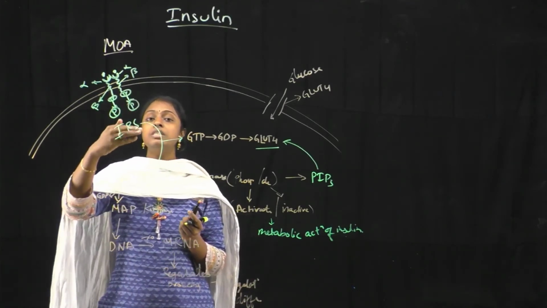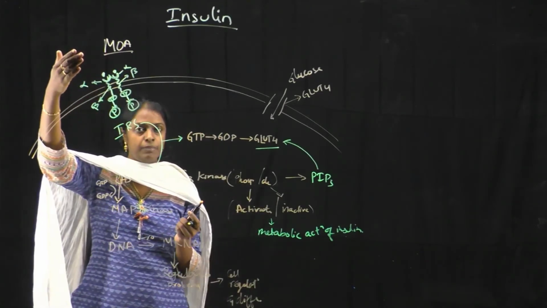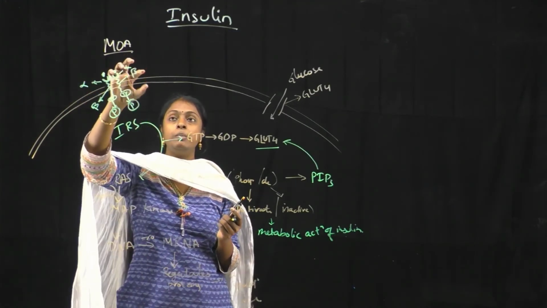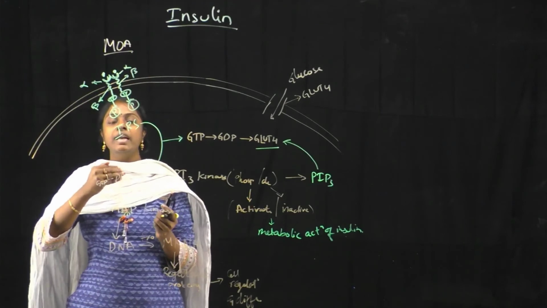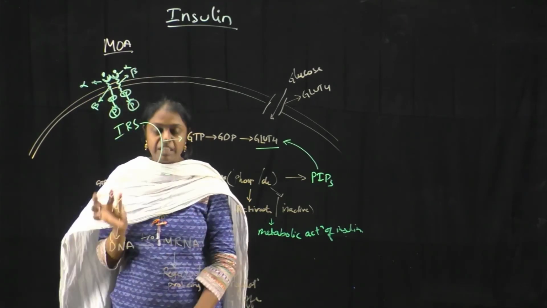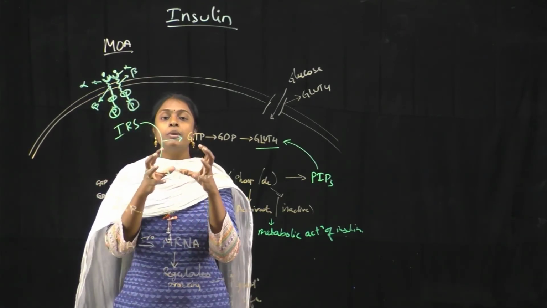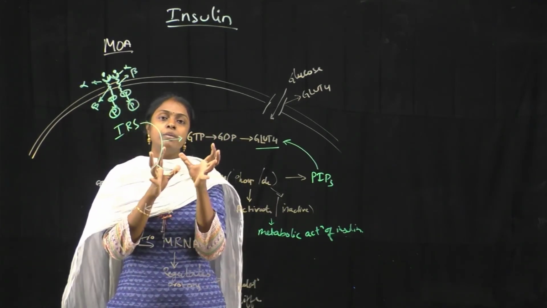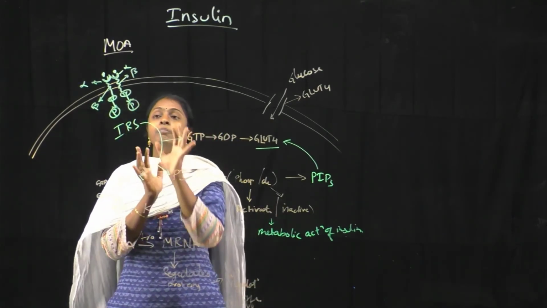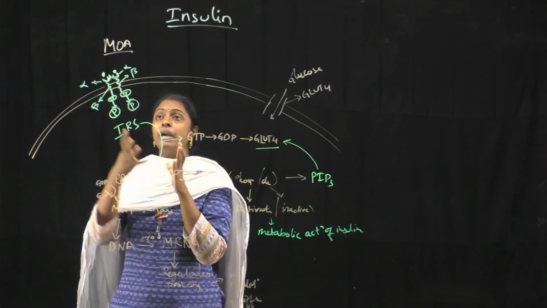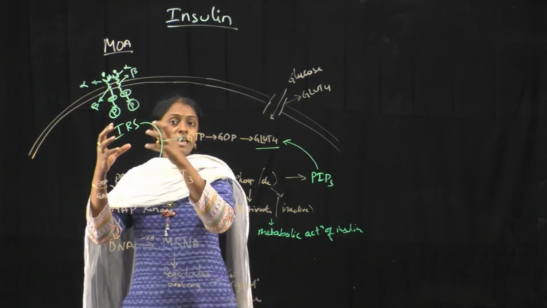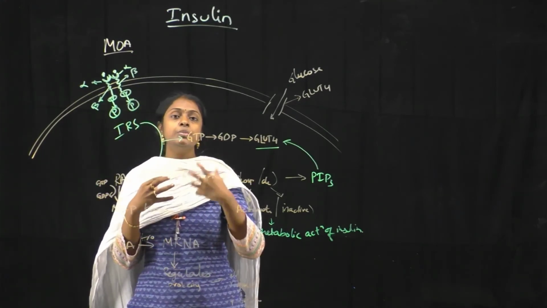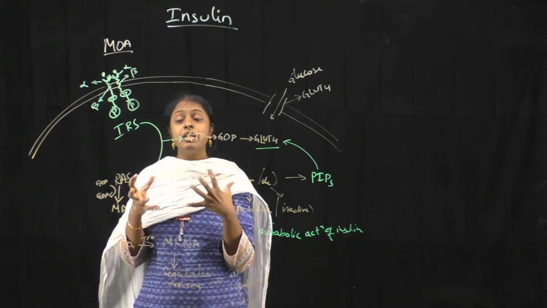Alpha subunits are located outside the cell, and beta subunits are transmembrane. Intracellularly, the beta subunits are attached with tyrosine kinase, which is in an inactivated form when there is no insulin. But once insulin binds with this insulin receptor, this tyrosine kinase will get phosphorylated, that means it will get activated.